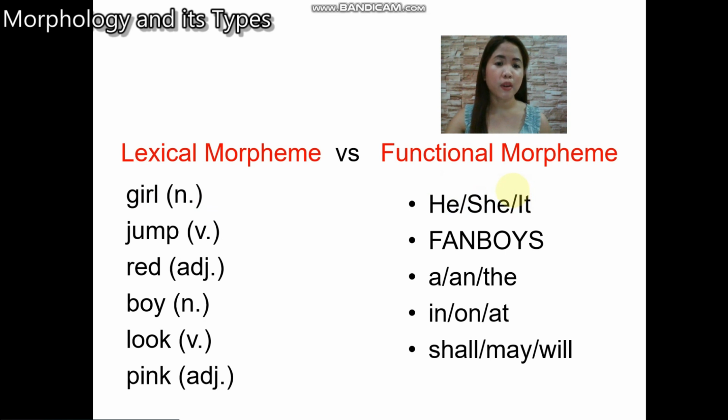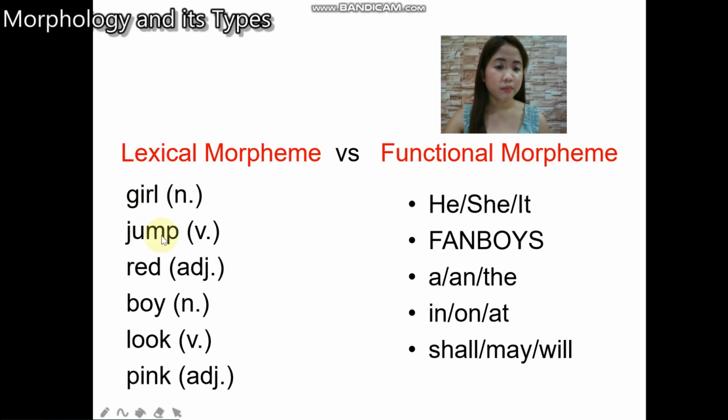Let's have examples for these two morphemes. Under the lexical morpheme, we have the word girl, which functions as a noun. Now, if we try to add another morpheme to this word, girl becomes girls.